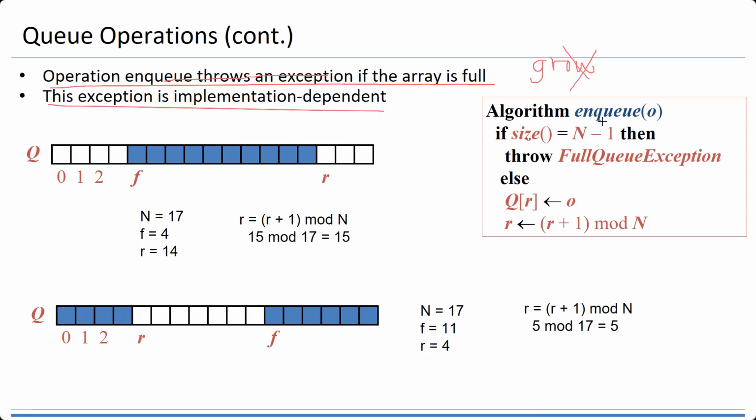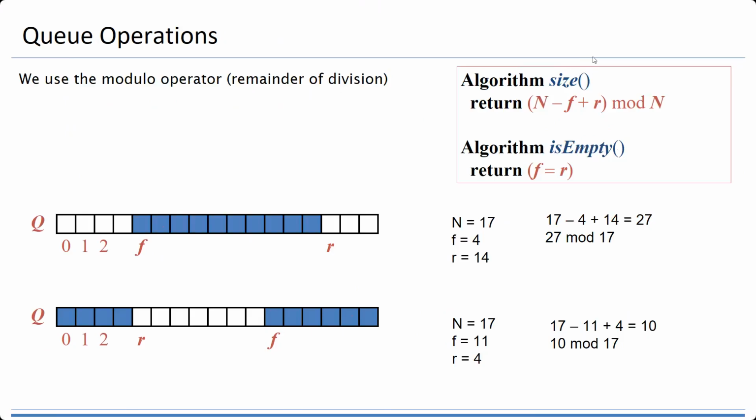Now, if I'm going to enqueue, to put this object into the queue, first I need to check the size. What is the size? If the size is N minus 1, we know that this queue has 17. So how do we check the size? The size comes from this formula.